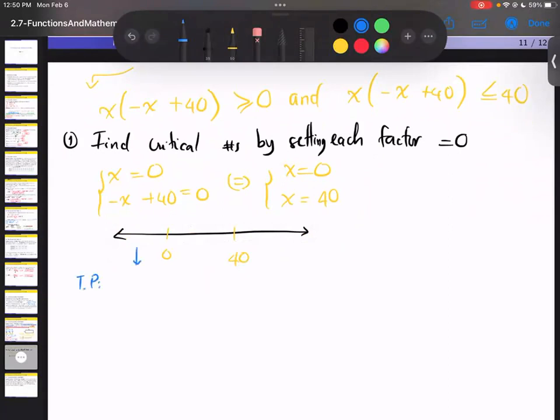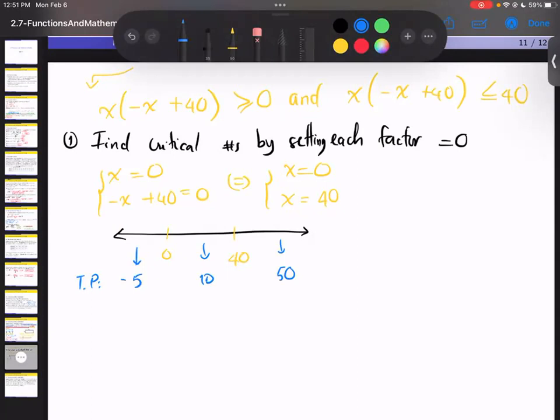TP for test point. From negative infinity to 0, pick anything from there, anything you like, say negative 10, negative 5, doesn't matter. Between 0 and 40, pick one, say 10. And from 40 to infinity, say 50. And what you're going to do is plug into the inequality right there to test.